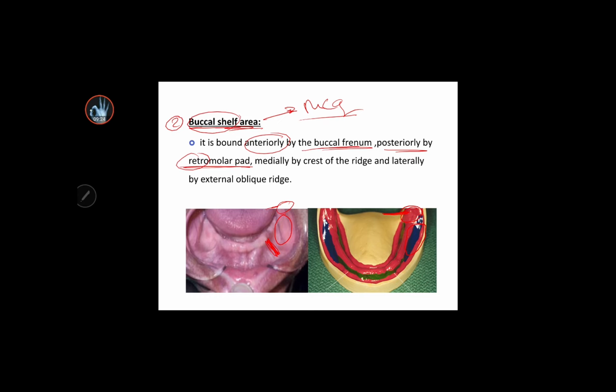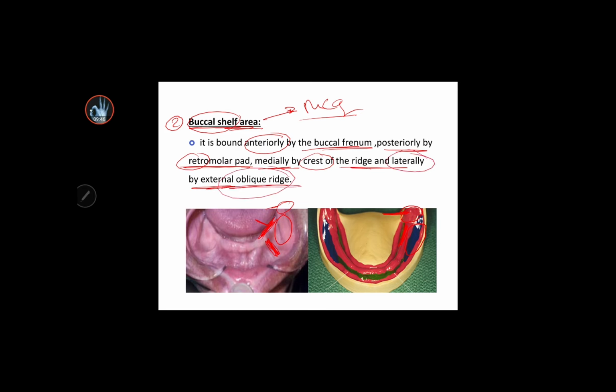So anteriorly by the buccal frenum, and posteriorly by the retromolar pad. Medially by the crest of the ridge, this is the crest, medially, inside the mouth. And laterally by the external oblique ridge.